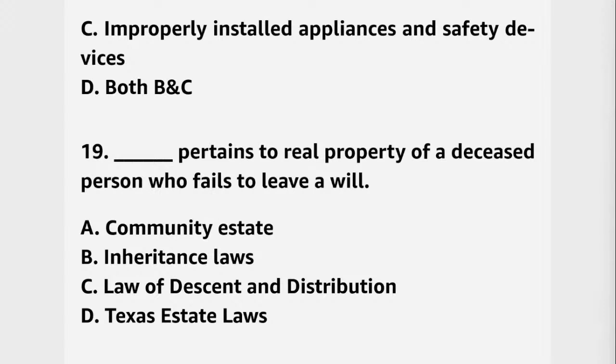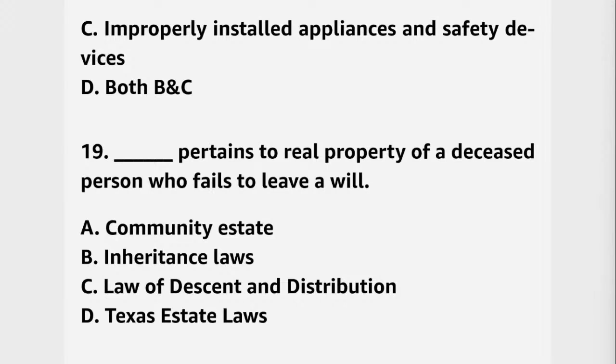Okay, so let's see. I missed somebody, DP Sarge. Thank you for joining us. Yes, the answer is C, law of descent and distribution. So the answer says this statute sets forth who is entitled to the estate of a person who has died without a will.